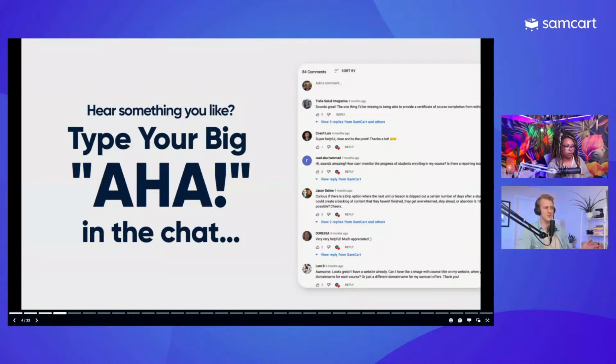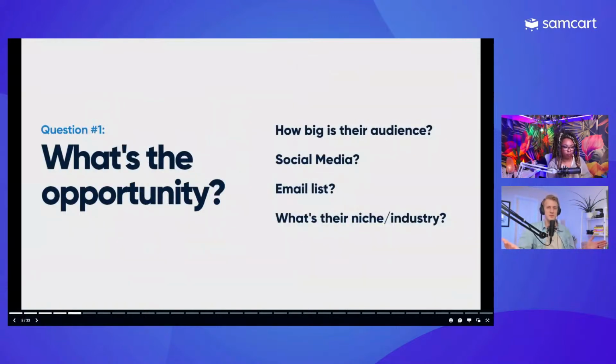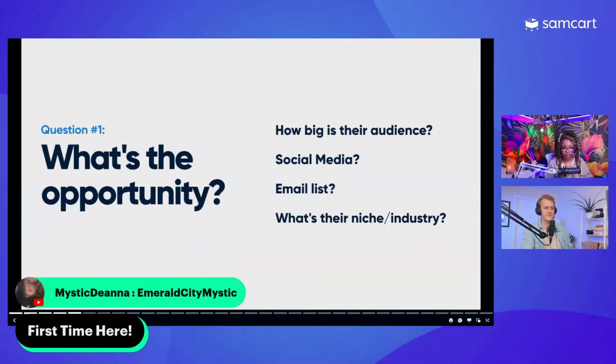We have 4 core questions, starting with question number 1. If you're just joining us, what do we take on when we're first looking at a creator business? Absolutely. We look at what's the opportunity, and we define opportunity by how big is their audience: their social media following, if they have an email list, the niche they're in.